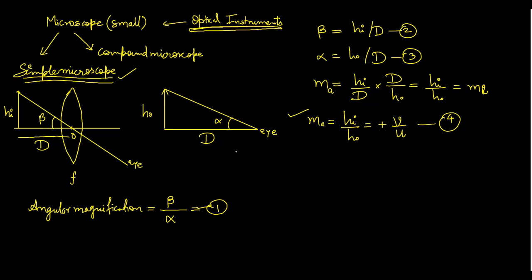Now over here we will derive the expression for two different situations. Now if we use the sign convention, suppose in the first case I am taking when the image is formed at the least distance of clear vision.